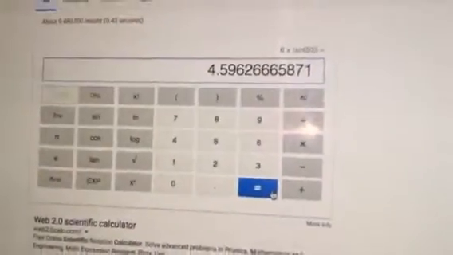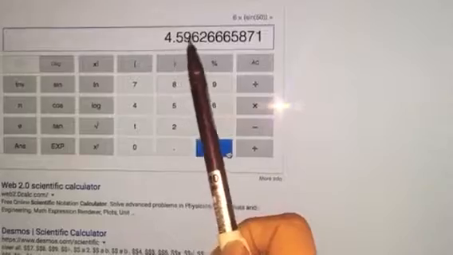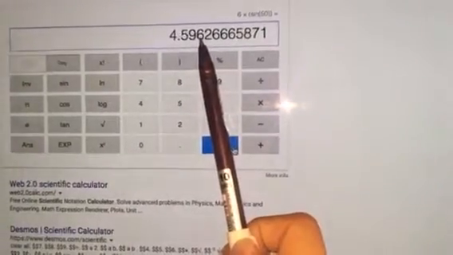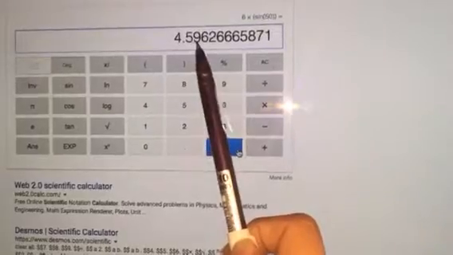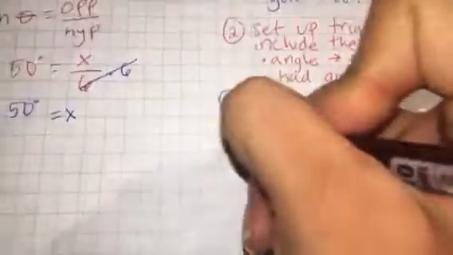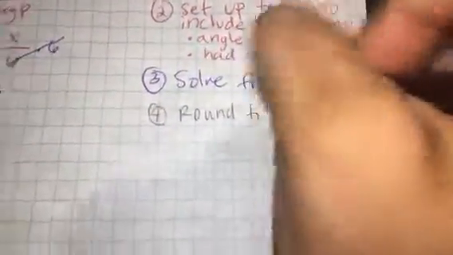But I'm actually going to just round to the nearest hundredth. So that's my 10th, that's my 100th. This is bigger than 5, so I'm going to make this bigger, which is going to be 4.60. Okay, so I'm going to round that off. So 4, round to the nearest 100th.